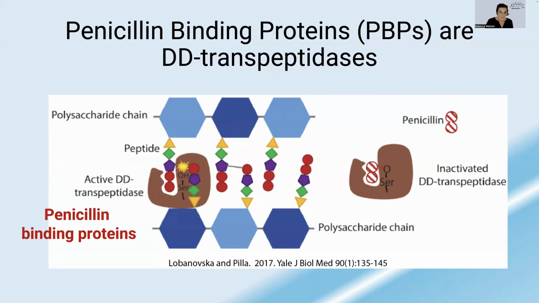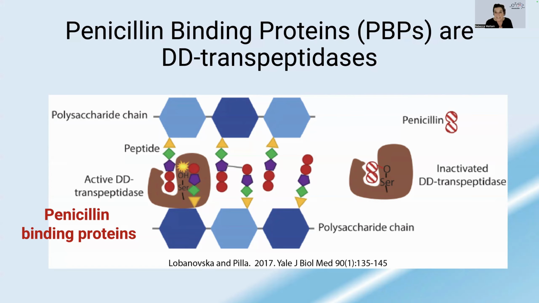And those big brown blobs that you see there, those are those penicillin binding proteins. And it's taking 2 of the glycopeptide chains and joining them together to provide this cross-linking so that the outer membrane of the bacterium is created.